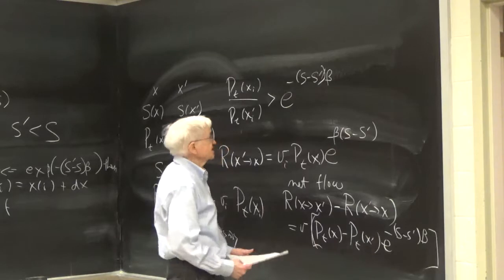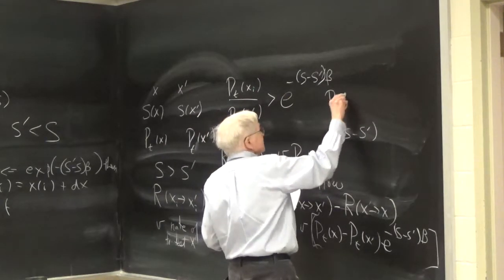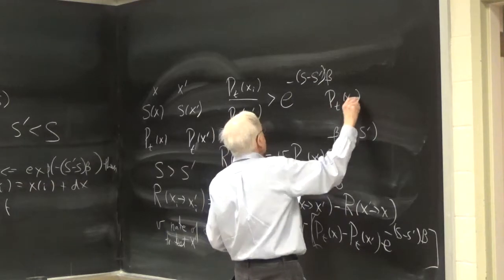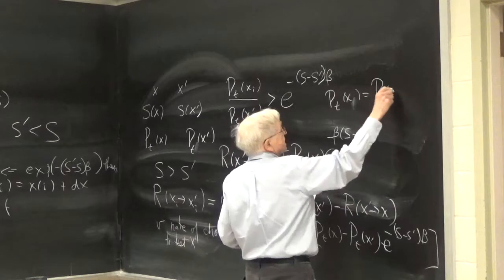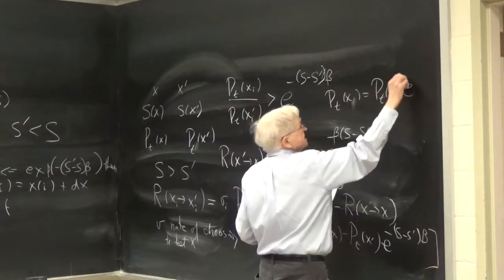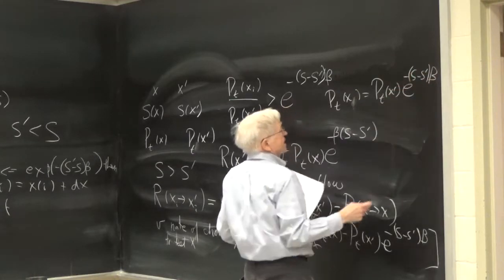That's the easy way to see it. And so the flow stops when p sub t of x is equal to p sub t of x prime times e to the minus s minus s prime times beta.